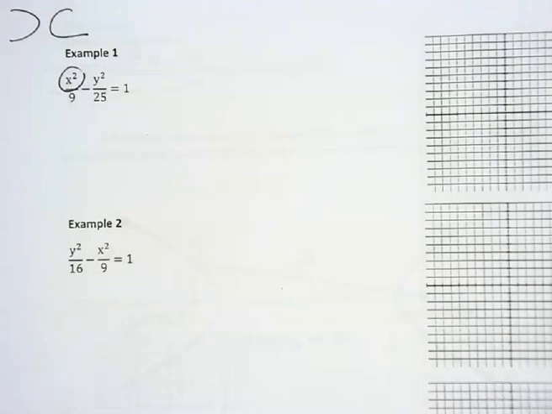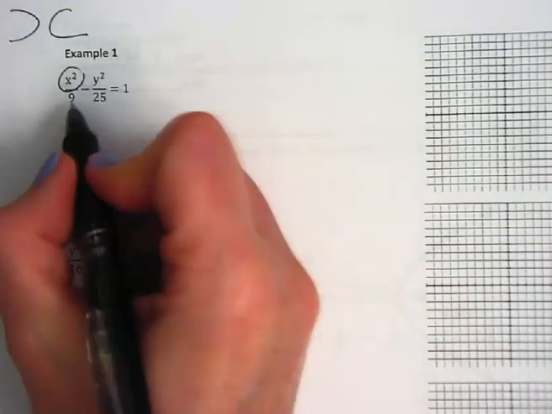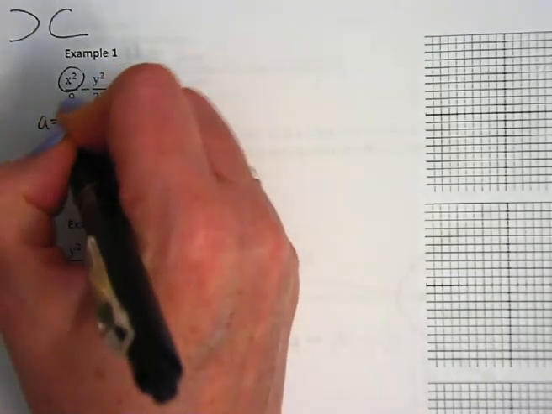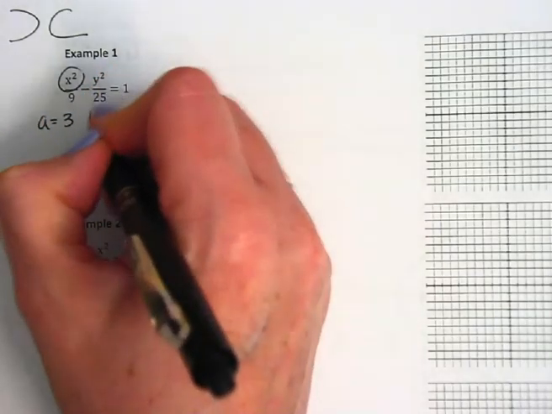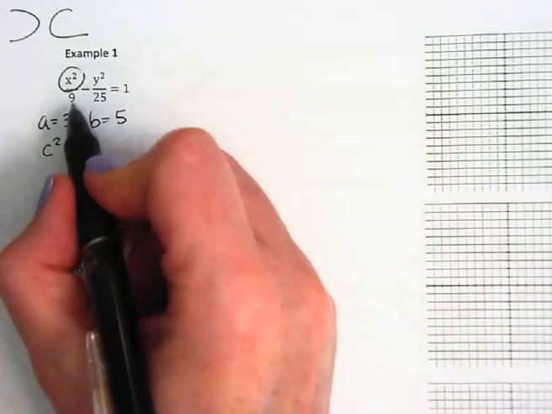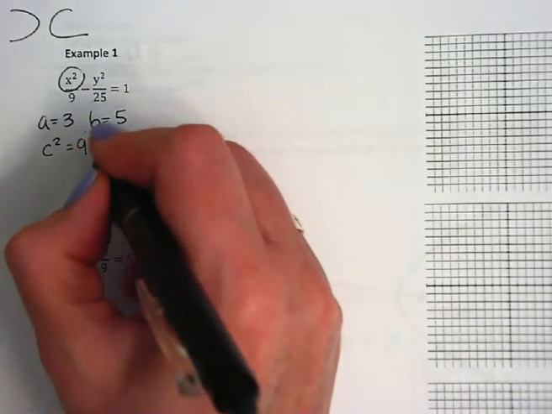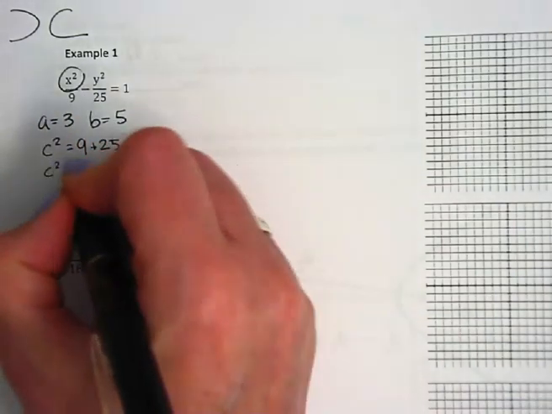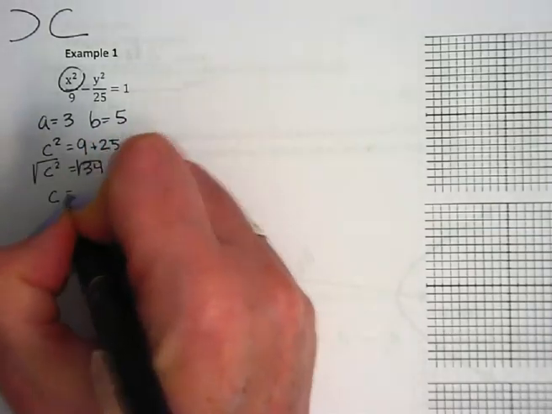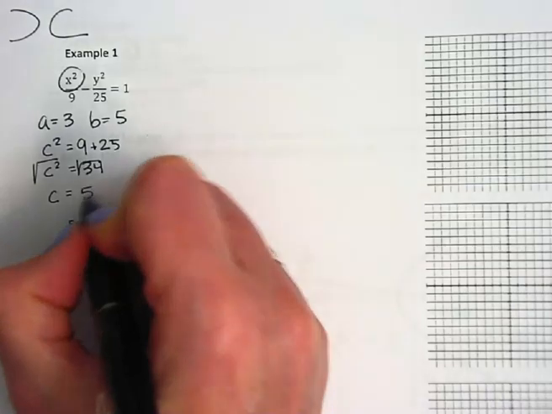So I am going to start by just finding my a, b, and c. a is the first denominator, so square rooting that gives me 3. b squared is the second denominator, square rooting that gives me 5. c squared is a squared plus b squared, so that's 9 plus 25, which is 34, and square rooting that gives me about 5.8.